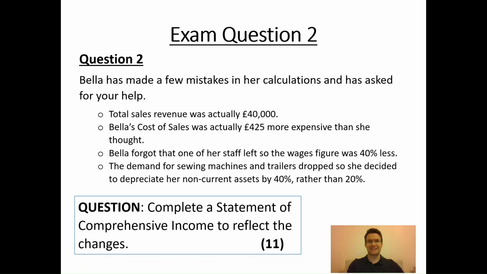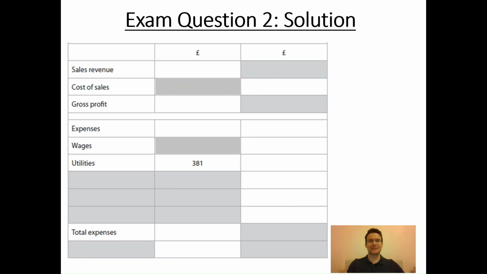Okay then, let's see what you came up with. For the second question, here is the solution. Her sales revenue, of course, went up to 40,000, as it said in the extra information. Her cost of sales went up also to £14,000, meaning that her gross profit, her sales revenue minus her cost of sales, ended up as £26,000.